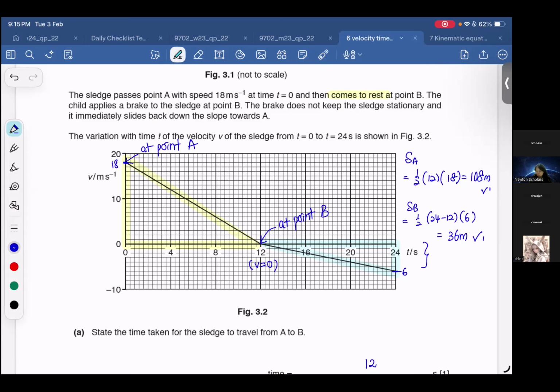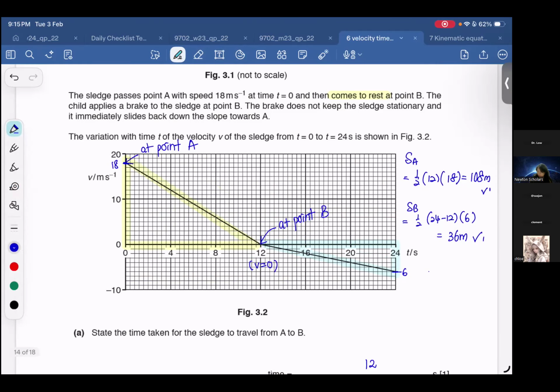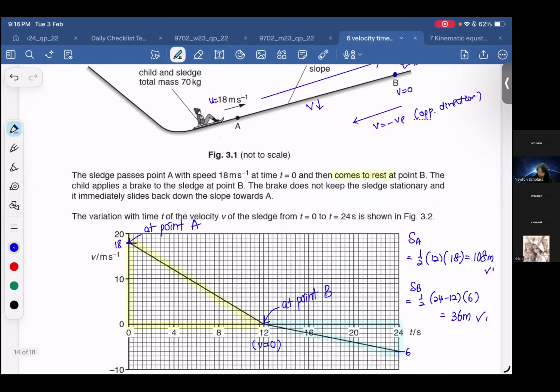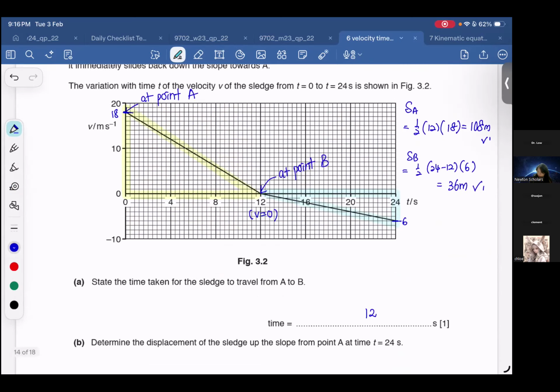Okay, period of time. So next, this one we can interpret as moving to the right, going up. From A point to B point, A to B is 108 meter. Then from B, it goes back to somewhere here, 36 meter.